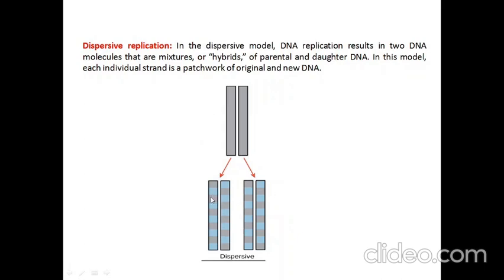So there we can see some patches of color. These color patches show that some fragments of DNA are parental and some fragments are newly synthesized. So each individual strand is a patchwork of original and new DNA. It was again not proved experimentally, it was a model only, so again it was rejected.